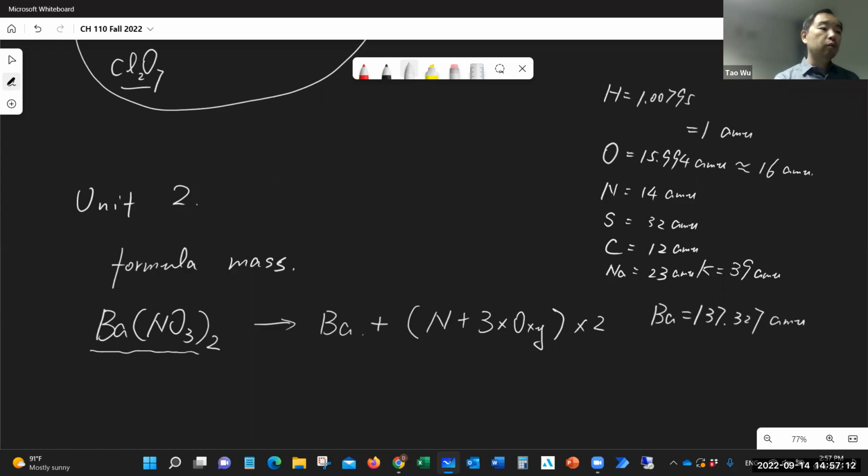So should I round to 137, or should I round to 137.3? Well, you see, in these numbers, none of these are 0. So usually I'm not going to round this. I usually round the number when they have a 0 in that part. But this one has no 0 in this number, so I usually don't round it.